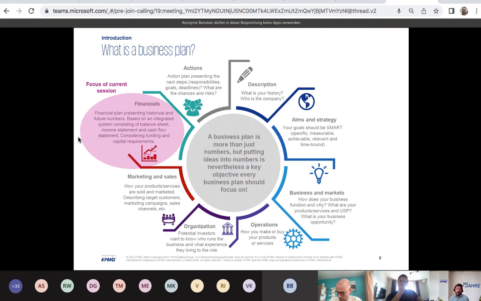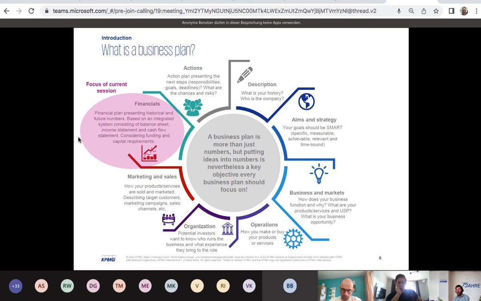It basically also covers a description of the company. What's the history? What does the company do? What is its strategy? It covers typically markets, the USP of the company, for example, what is the business opportunity?